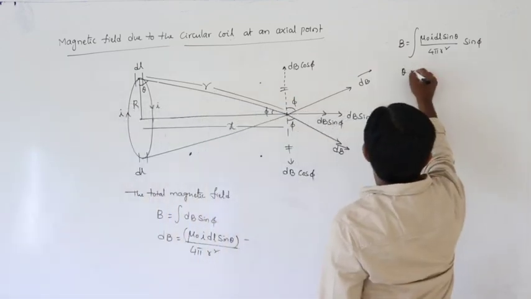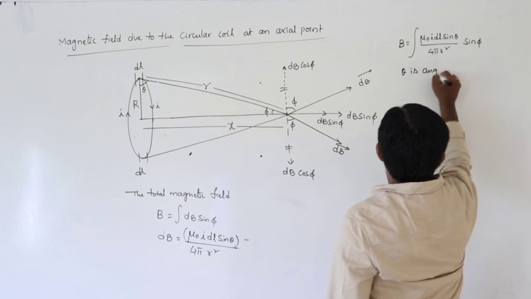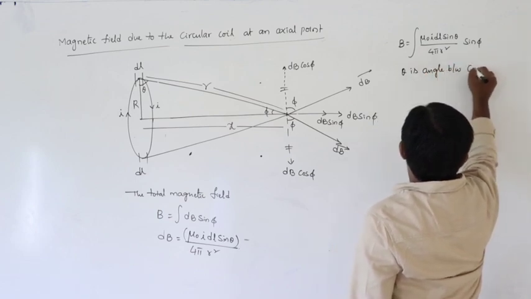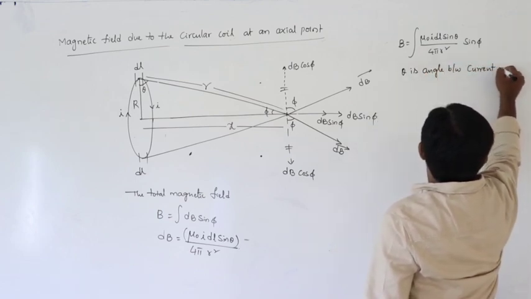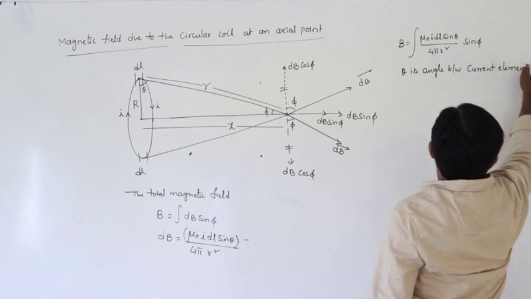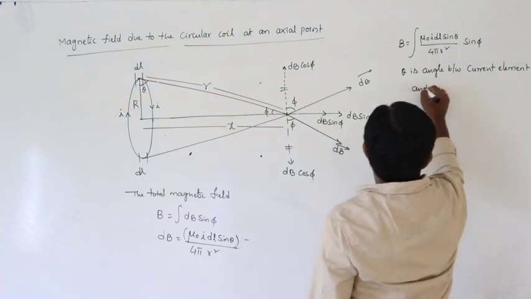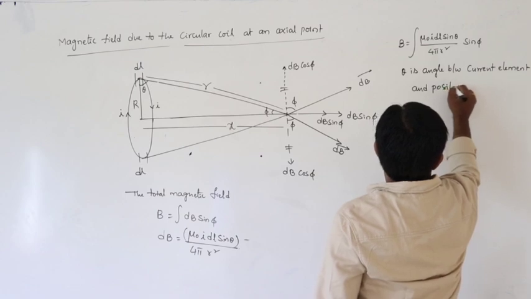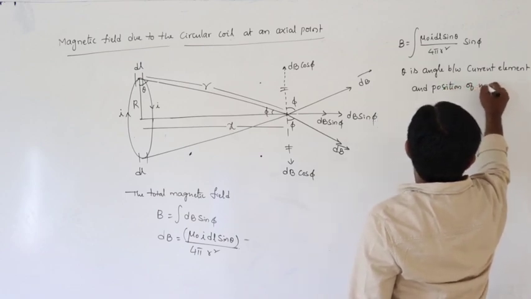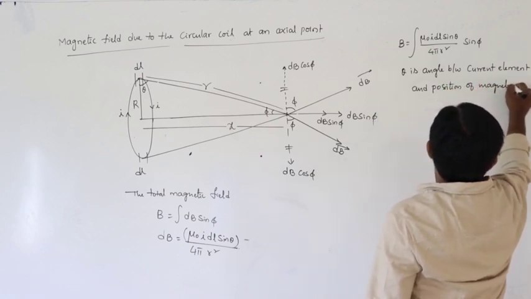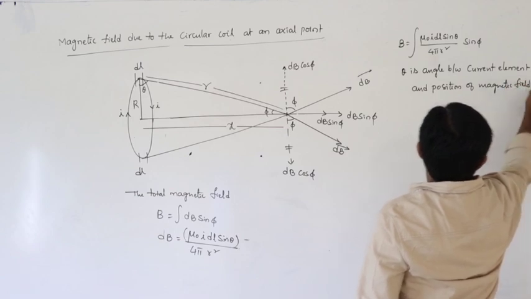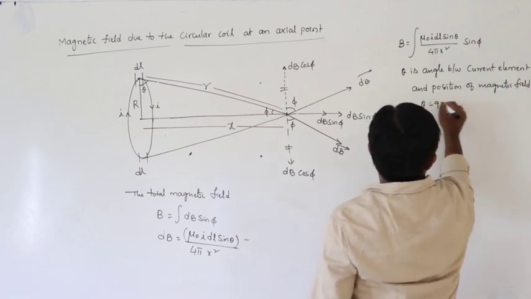Here theta is the angle between the current element and the position of the magnetic field, so that is always equal to 90 degrees.